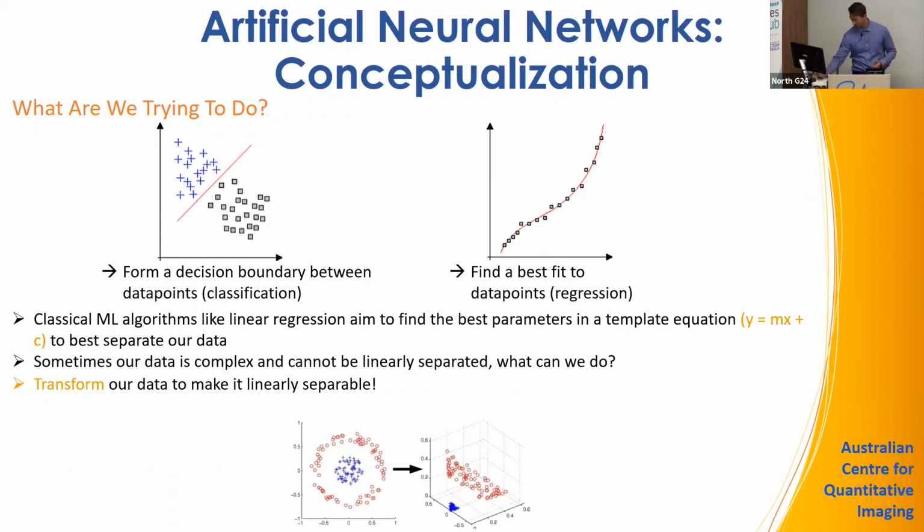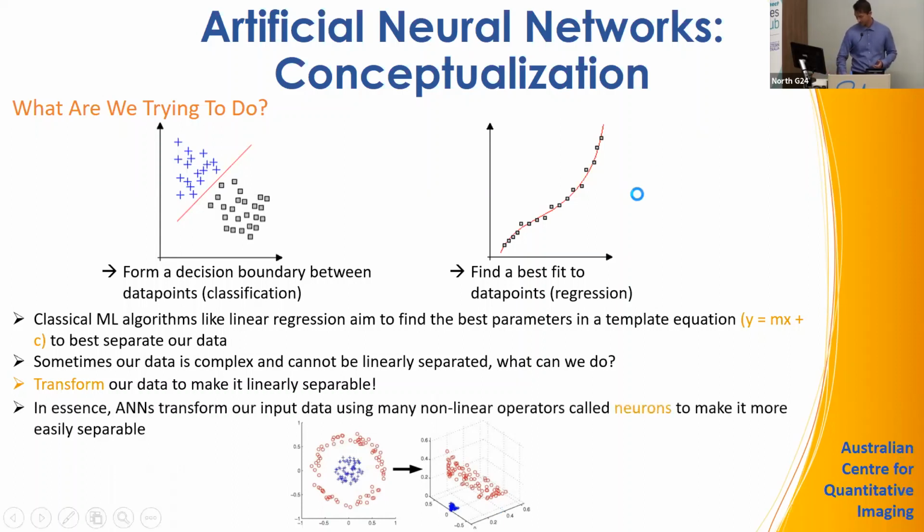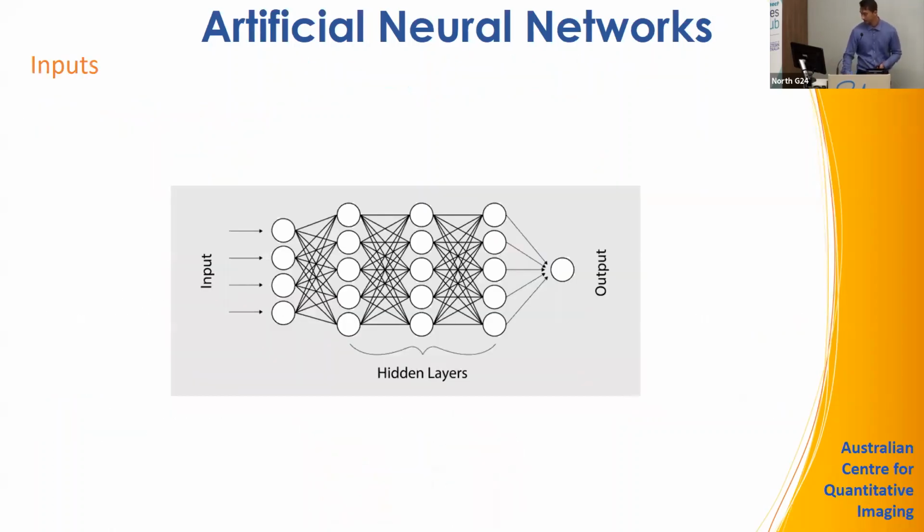And artificial neural networks, in essence, transform our input data using many nonlinear operators called neurons in order to make it more easily separable. Visually, in the bottom diagram, we see how a data set may be augmented or transformed in order to make it more easily separable between the two classes. So this is kind of the anatomy of an artificial neural network.